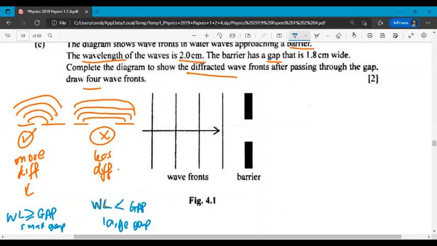Let's look at the scenarios that we have in part C. So we're told that the wavelength is 2 centimeters and the barrier has a gap that is 1.8 centimeters.